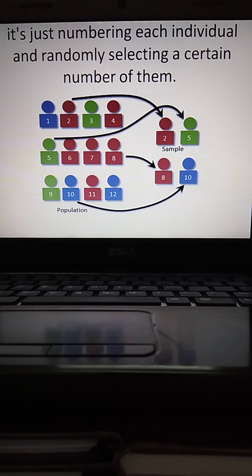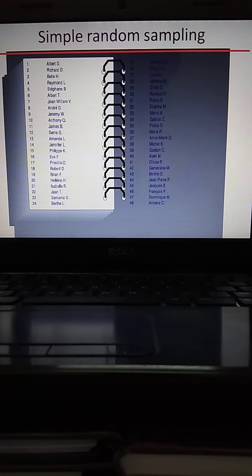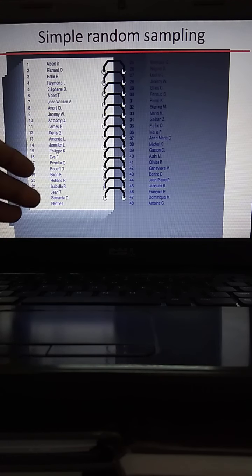Now we go for the next method. This is one best example in order to understand the simple random sample. Now here, how many names are there? 48 names are there.